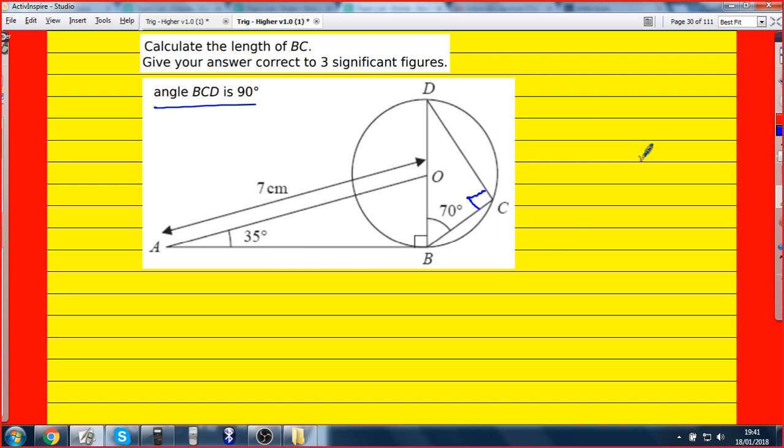Because it's a circle. So do you work out the circle? Well, we're trying to find BC. So we need a side in that triangle. Any idea how we can find a side inside that triangle? You could find its diameter. Correct.